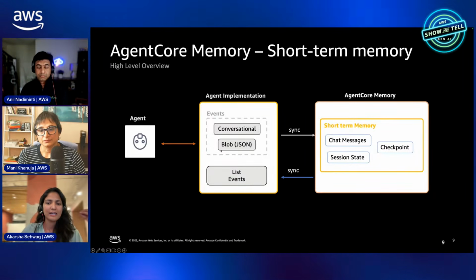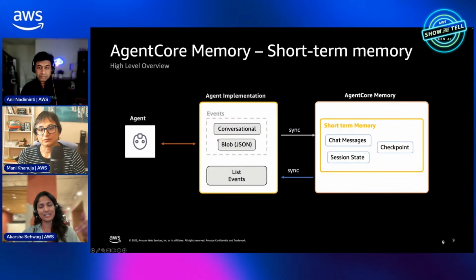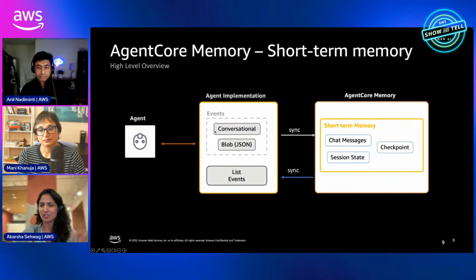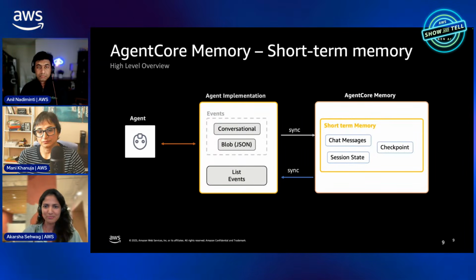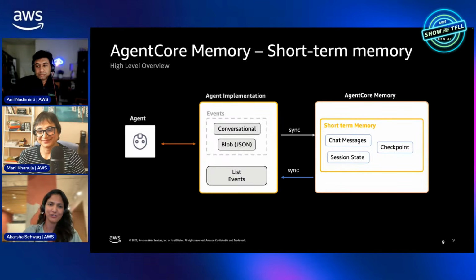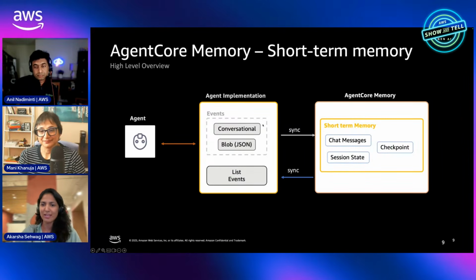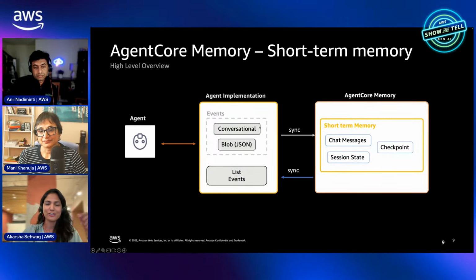This is where the two differ to some extent. The conversational event, think of it as chat messages, user input, agent responses, or tool messages, right? This is the information that actually enriches your long-term memory, because this is where the meaningful interaction data lies.